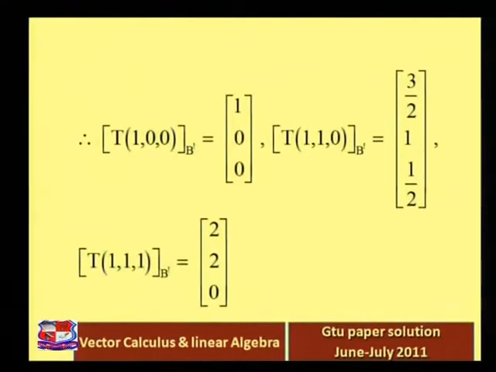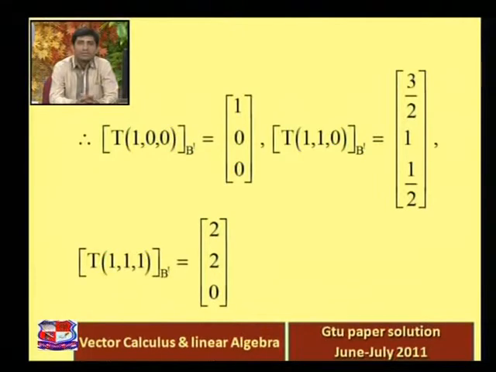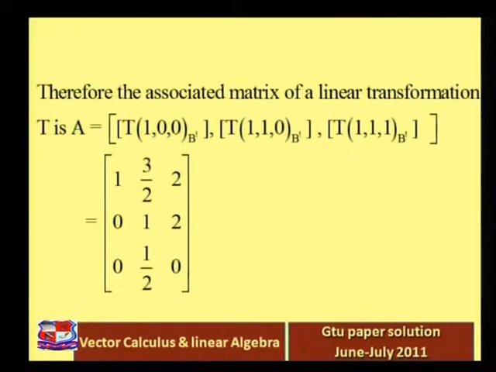So T(1, 0, 0) with respect to the basis B' is (1, 0, 0), T(1, 1, 0) with respect to B' is (3/2, 1, 1/2), and T(1, 1, 1) with respect to B' is (2, 2, 0). So here is our associated matrix.